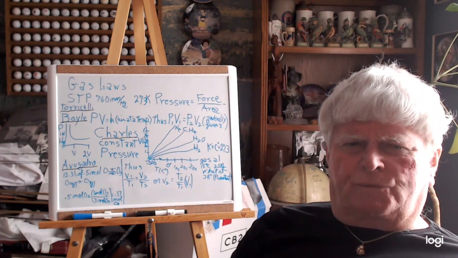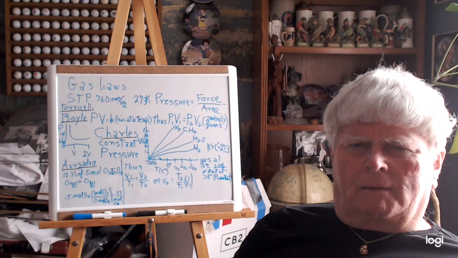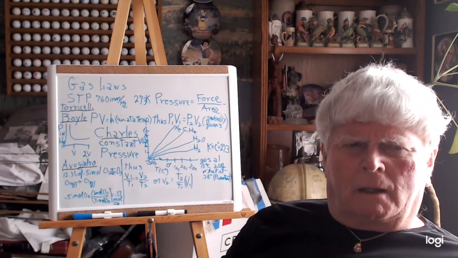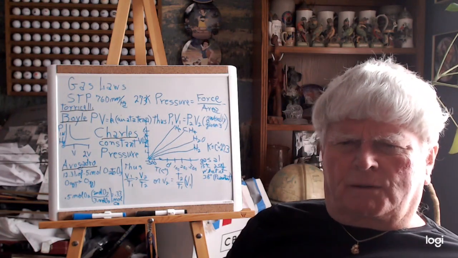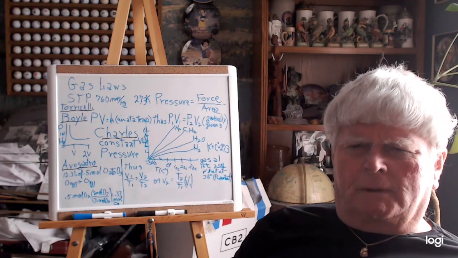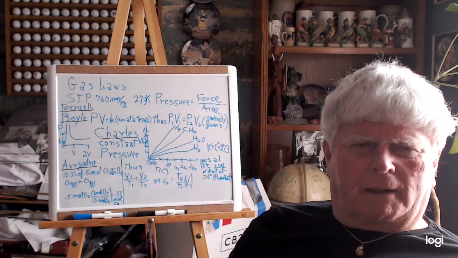Pressure is equal to force divided by the area pressed on. Also in this time was 273 Kelvin as the basis for temperature, which is equal to 0 degrees centigrade. We'll cover that later on.